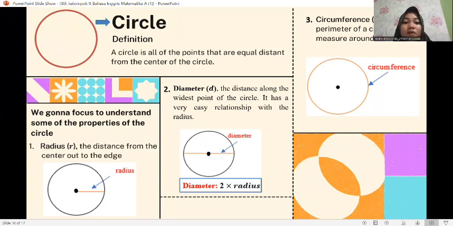We're going to focus on understanding some of the properties of the circle. One is radius, r: the distance from the center out to the edge. Radius is from here to here, from here to here.